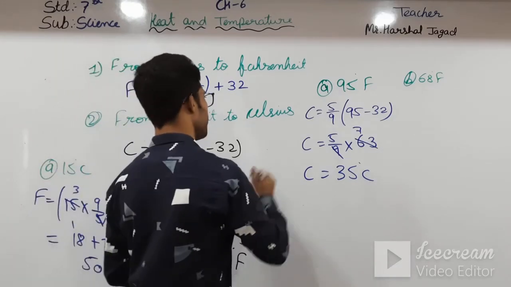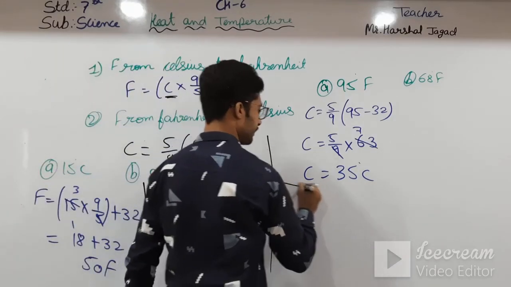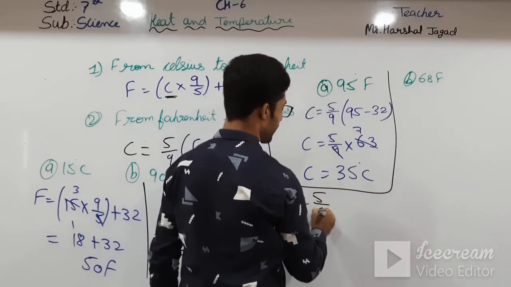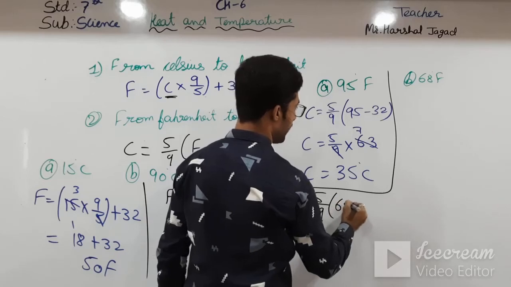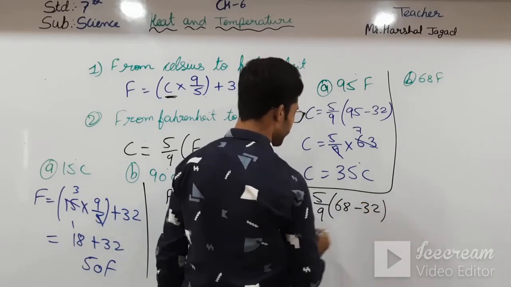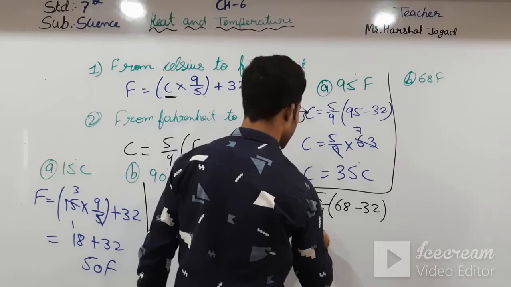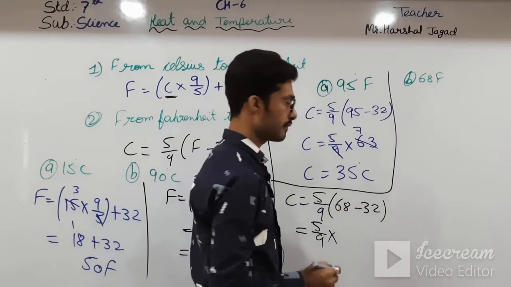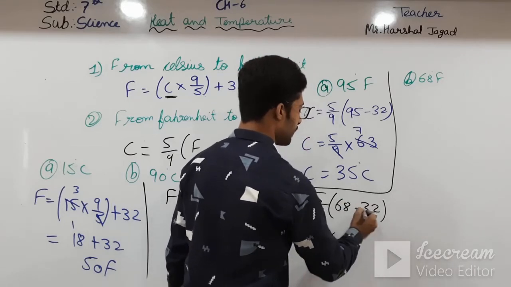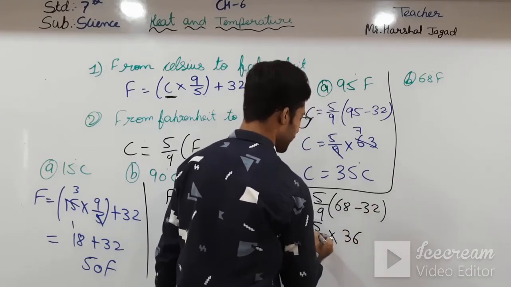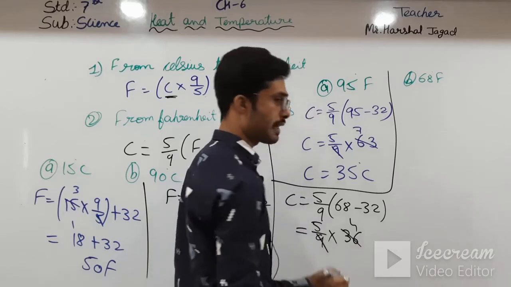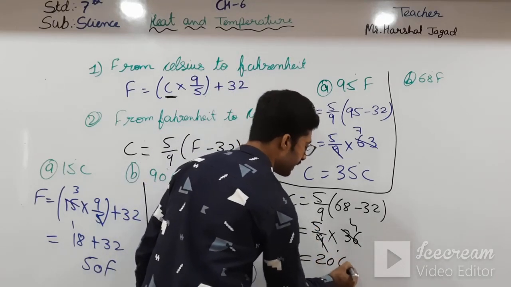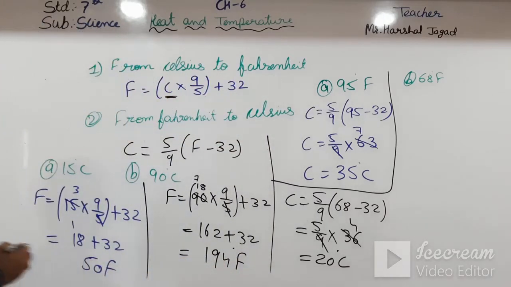Now doing the second one. C is equal to 5 by 9 into 68 minus 32. So 5 by 9 into 36. 9 4s are 36, so 5 4s are 20 degree Celsius is our answer.